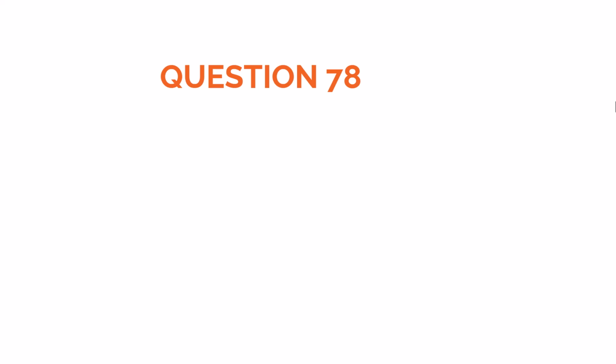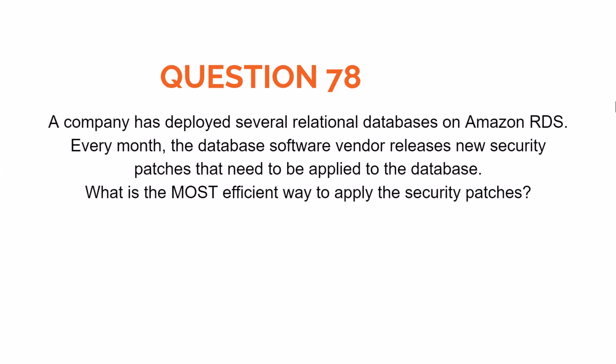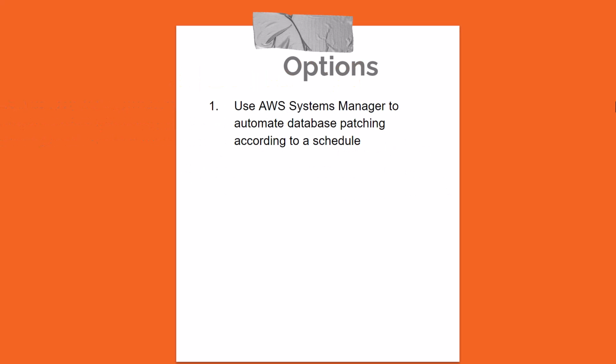Question 78. A company has deployed several relational databases on Amazon RDS. Every month, the database software vendor releases new security patches that need to be applied to the database. What is the most efficient way to apply the security patches? Options. Option 1. Use AWS Systems Manager to automate database patching according to a schedule. Option 2.